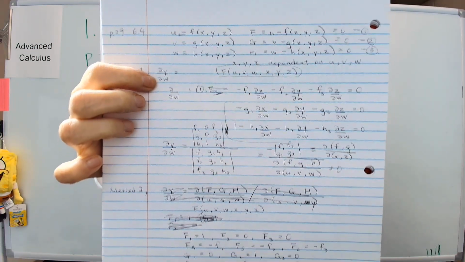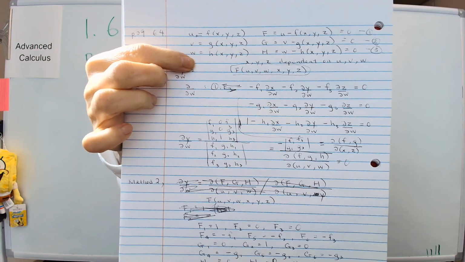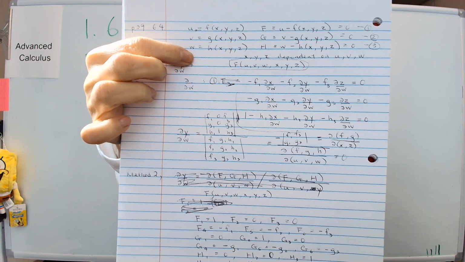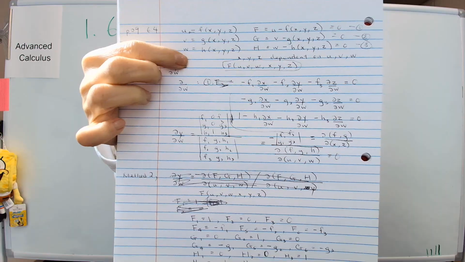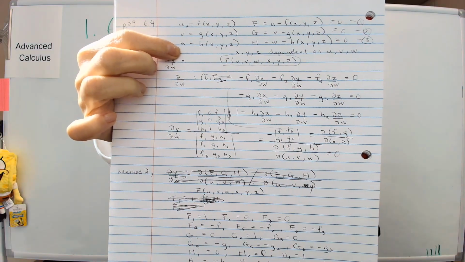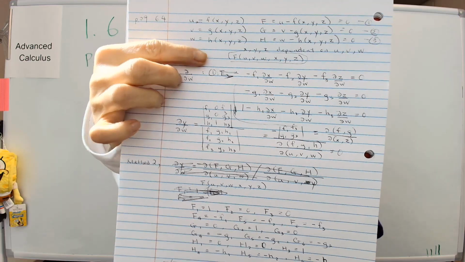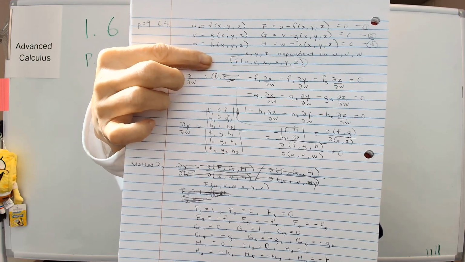Then I calculate, focusing on who's dependent on what. Right now, our goal is that xyz will become dependent on uvw, and the function f goes in that order.